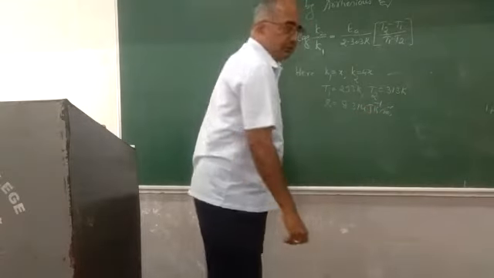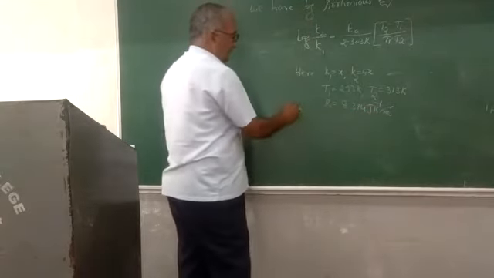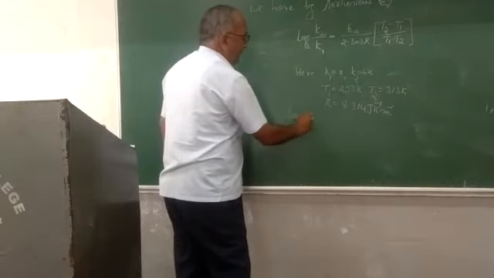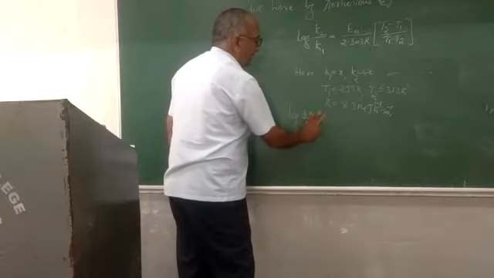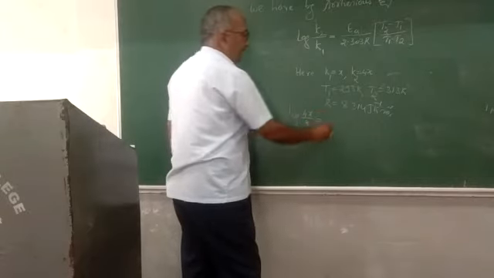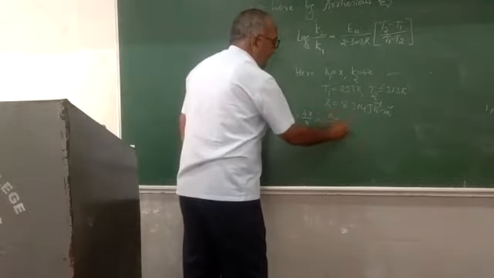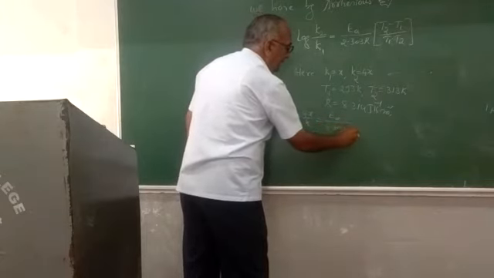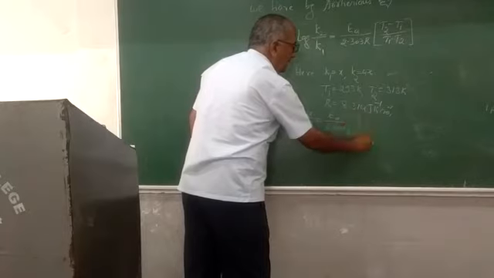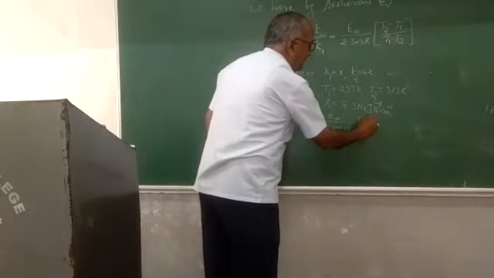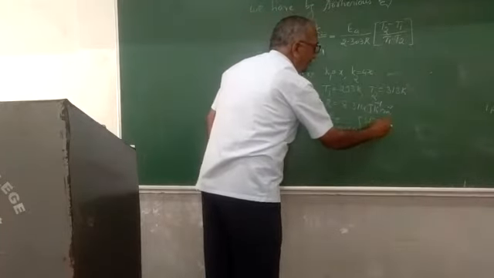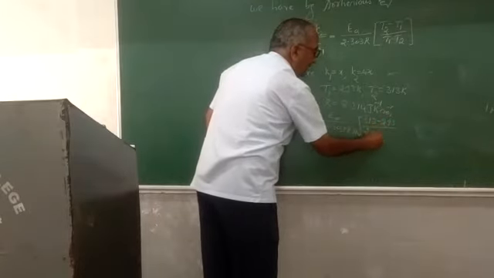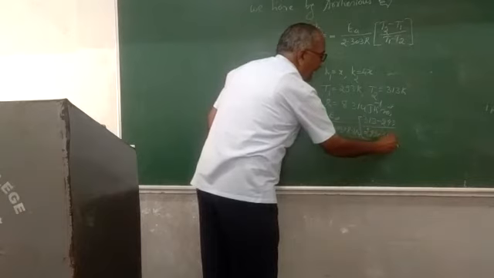Here we have to substitute that log of 4x divided by x is equal to Ea divided by 2.303 into 8.314 into bracket 313 minus 293 divided by 293 into 313.